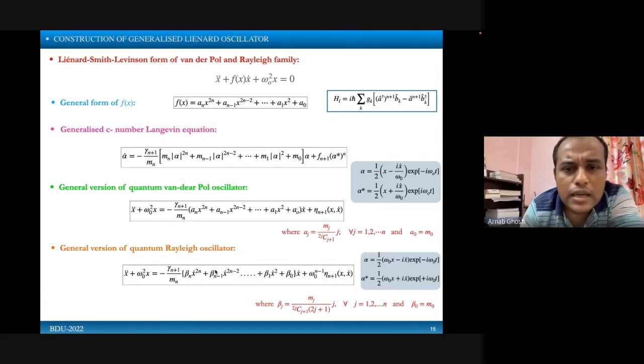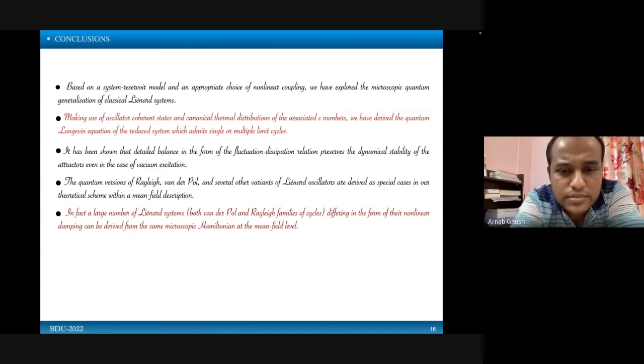So with this, I conclude. What we have discussed is that based on a system-reservoir model and appropriate choice of nonlinear coupling, we have explored the microscopic quantum generalizations of these oscillators.